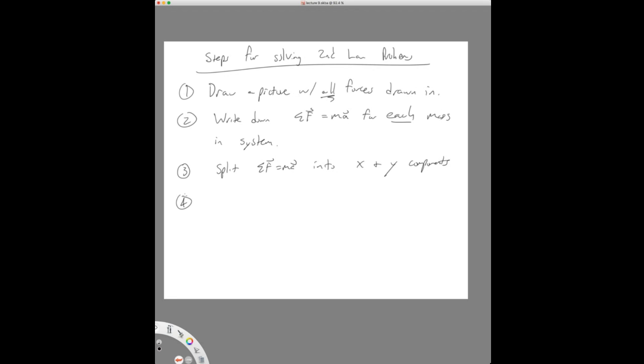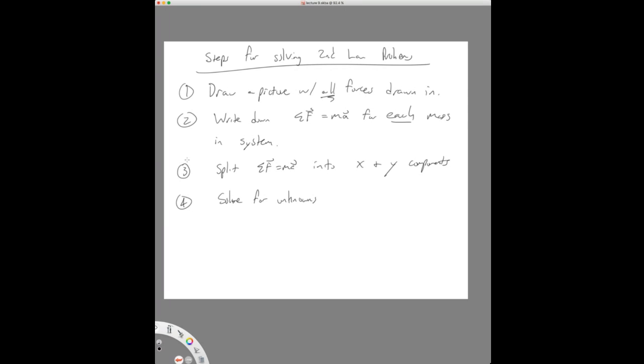And once we've done that, we solve for unknowns. So the unknowns are often the accelerations of the different masses, but it could be that in a particular problem we're given the acceleration and we solve for an unknown force, for example. Okay, so this is basically it.